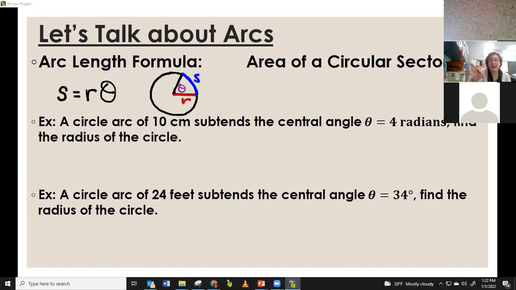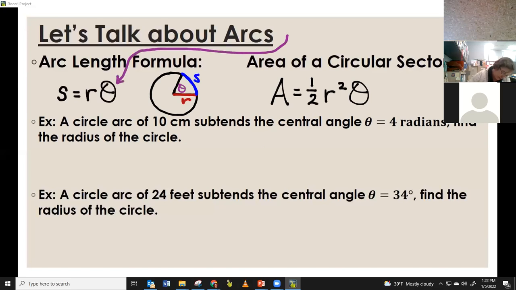If I want the area of that section, so not just how much crust is on it, but how big is the piece of pie, the area formula is A equals 1/2 R squared theta. And then there's one really, really important thing about both of these formulas.